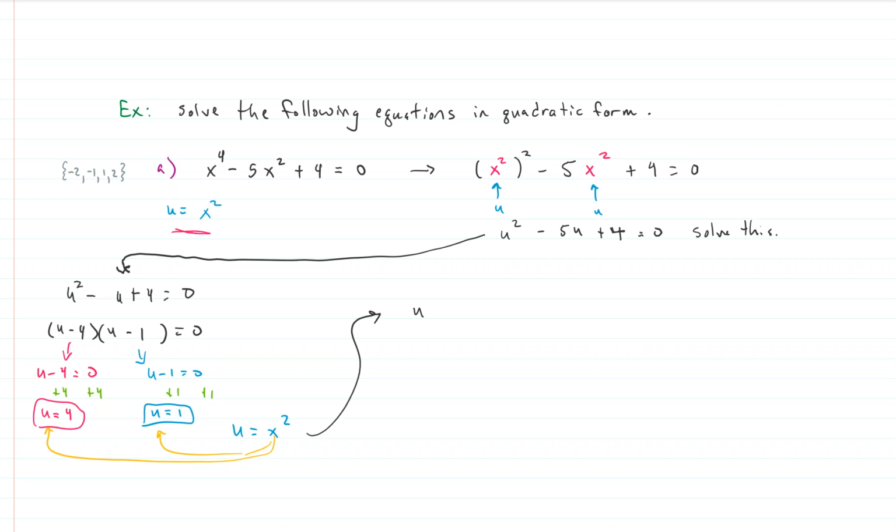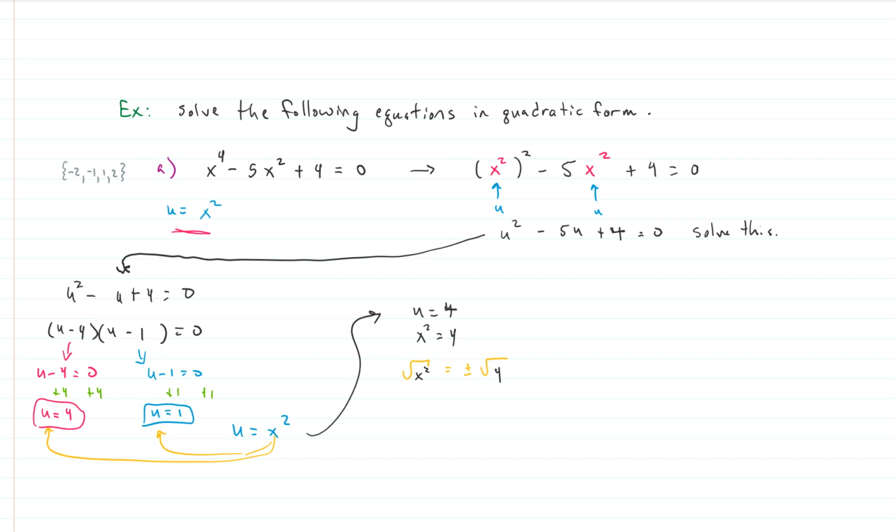Let's do u equals 4. That's really x squared equals 4, right? Because u equals x squared. That was our substitution. Now we can take the square root of both sides, and we get the square root of x squared equals plus or minus the square root of 4.